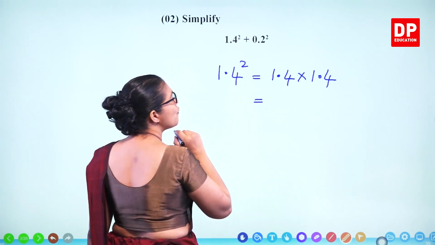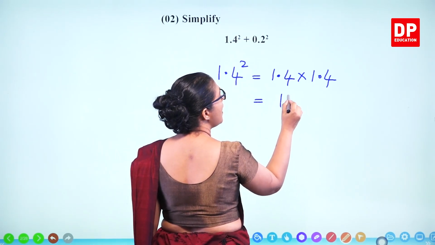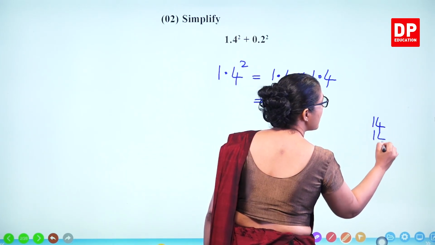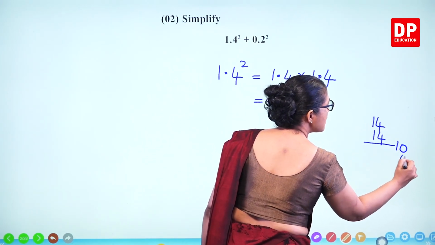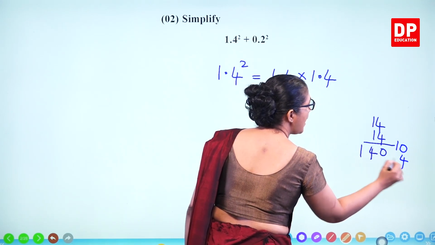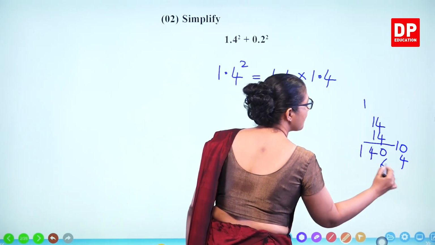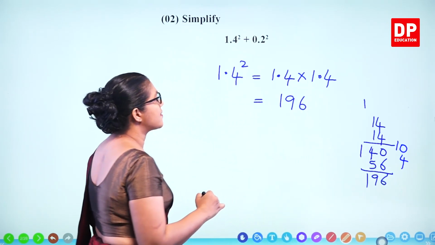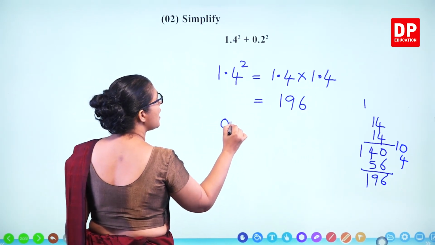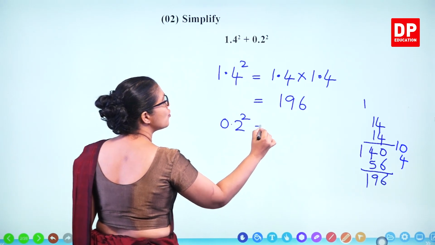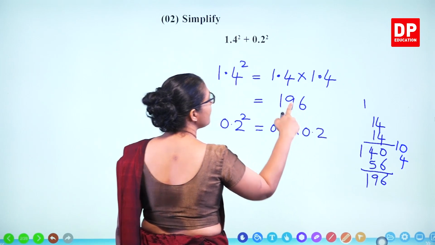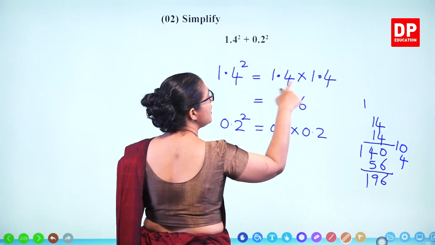So 14 times 14 is 196. If you can't do it at once, you can write it down separately and multiply. Then 0.2 squared means 0.2 times 0.2.